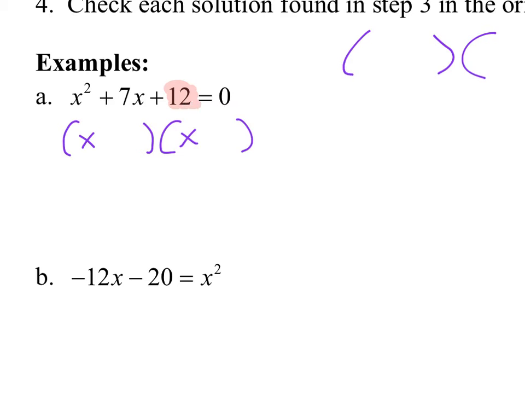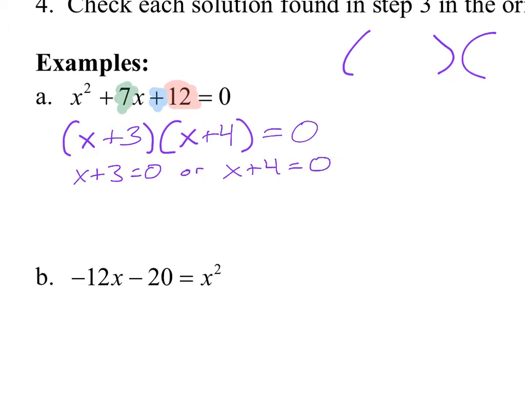Factors of 12 that add to 7. 3 and 4 are going to be my numbers. And since it's a plus and the other is a plus, they're all pluses. Okay, now if this is equal to 0, we know that x plus 3 has to equal 0, or x plus 4 has to equal 0.